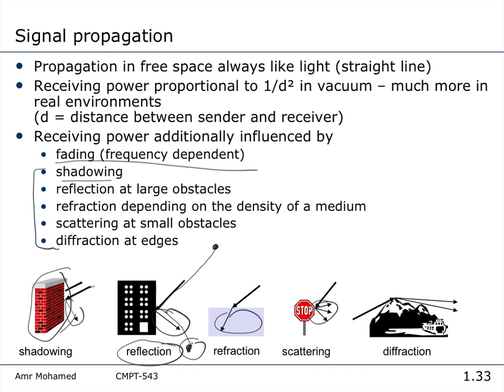We call this scattering. This usually happens when the frequency starts to get up in the tens of gigahertz. Okay, in the tens of gigahertz, usually the signal will not reflect in one direction. It will reflect in multiple directions. So we call this scattering. What is an example of such a signal? Any signals, even in Wi-Fi for example, 5 gigahertz, and that's why in 5 gigahertz, by the way, the range is lower, right?